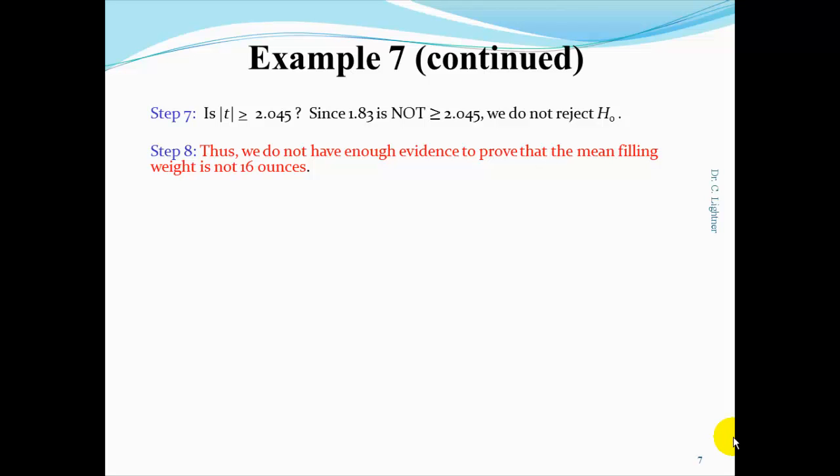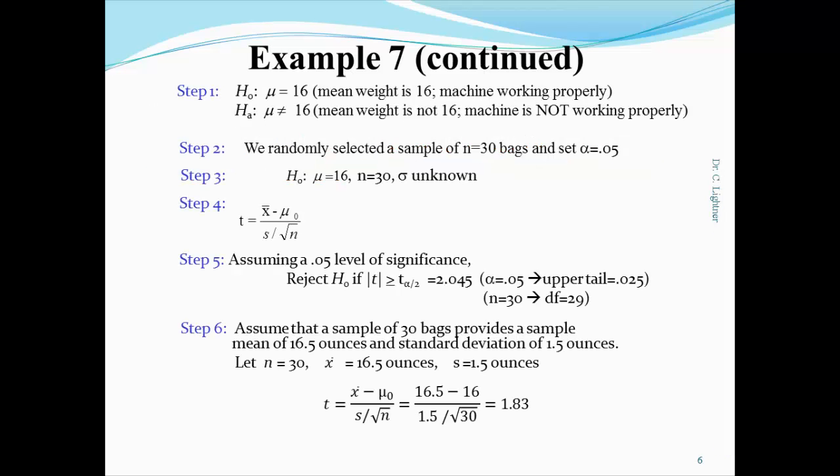Since we were unable to reject H0, this means that we did not have sufficient evidence to prove that HA is true. Therefore, we did not have sufficient evidence to prove that the mean weight is not equal to 16 and the machine is not working properly.